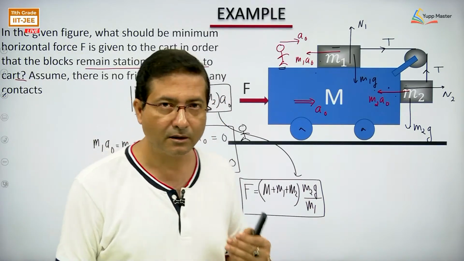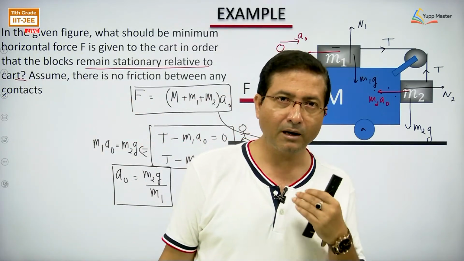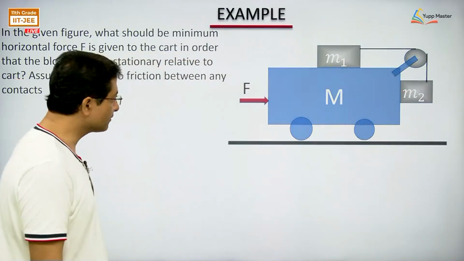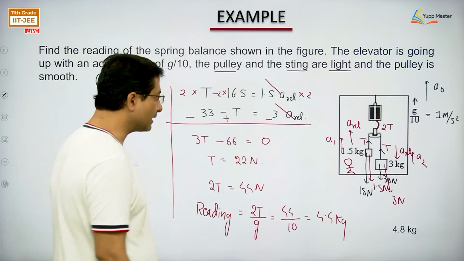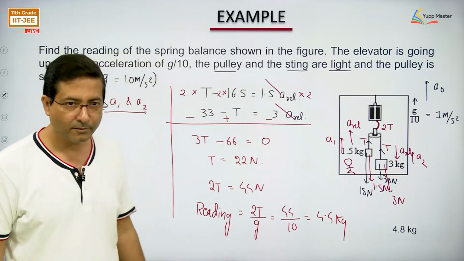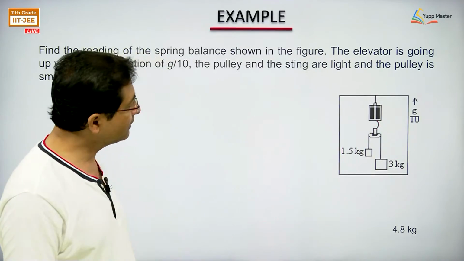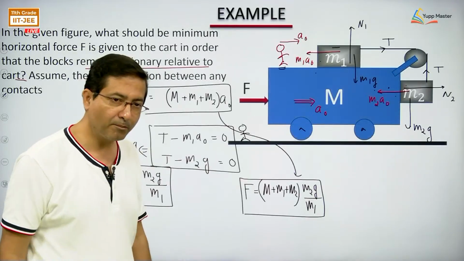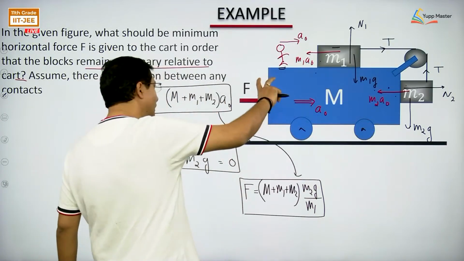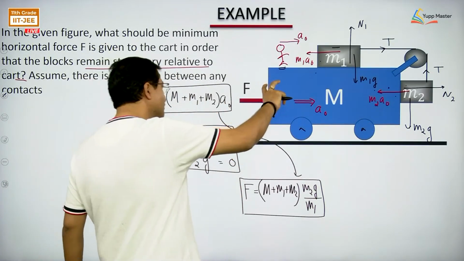Previous case, for the same problem I was in non-inertial frame. If you look at the previous one, I just went inside the frame and I observed the motion of both the blocks. But here what I am doing is, some part of the motion I am observing from the ground, as the motion of capital M can be easily observed with respect to ground.